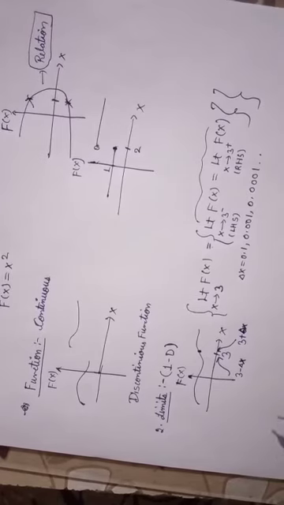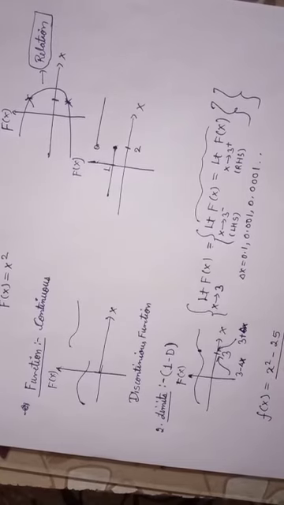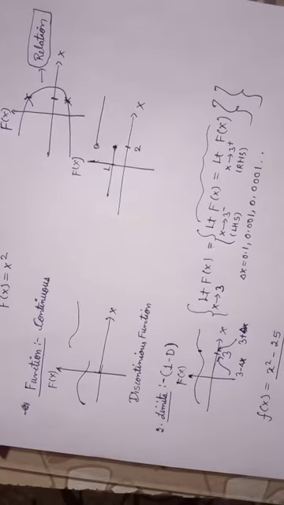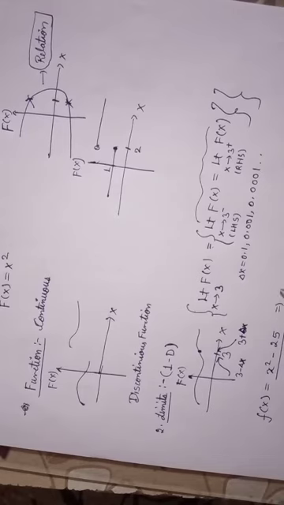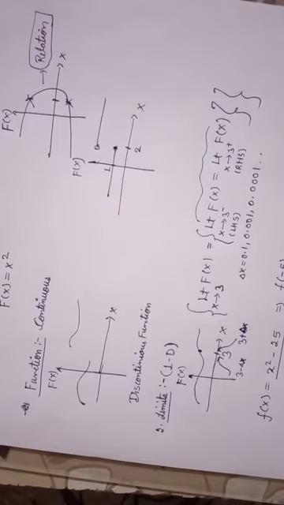So now let's take an example. Suppose f of x is equal to x square minus 25 over x plus 5. Now we want to find the value at f of minus 5. What will be the value when we put it directly? We put it like this.